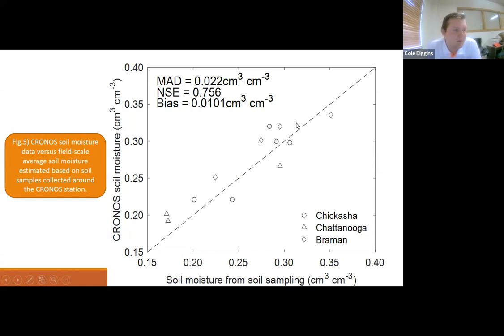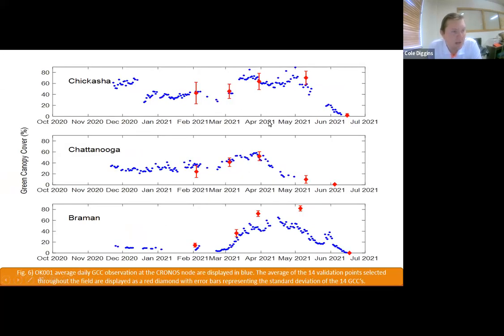As we move into the green canopy cover, we saw a little bit more variability in these particular readings. So not only did we see variability across the field, as seen by the standard deviations of our validation points. So real quick, just to be clear, at each of those 14 spots that we talked about with the soil moisture, these red diamonds represent the average green canopy of pictures taken before sampling at those sites.